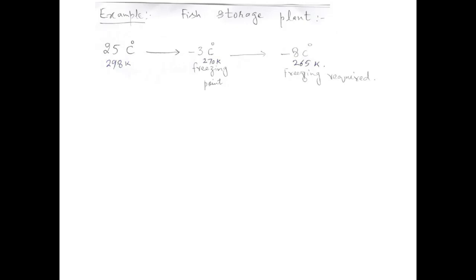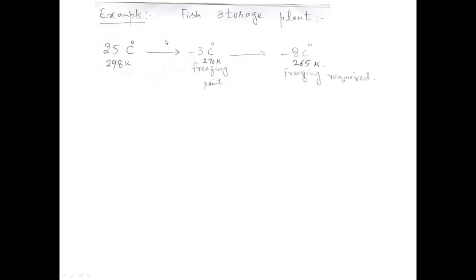Then minus 3 degrees centigrade to minus 3 degrees centigrade, that's a latent heat. The whole 20 ton of fish has to convert from minus 3 liquid form to minus 3 solid form. And then minus 3 degrees centigrade to minus 8 degrees centigrade, again a temperature difference, the sensible cooling.